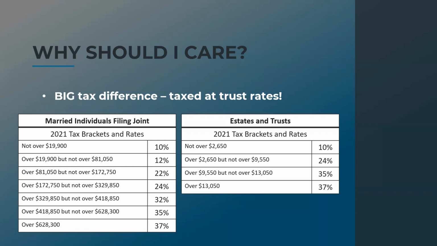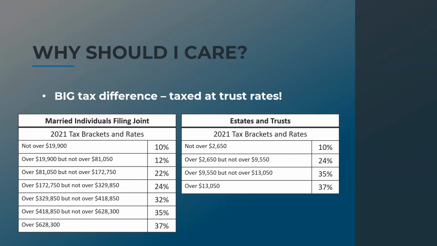Take a look at these charts here. In 2021, the tax brackets and rates for married individuals filing joint are 10%, 12%, 22%. You can see to get to 37%, you have to have over $628,300, again, as married filing joint. Now, conversely, look over at the estate and trust rates.